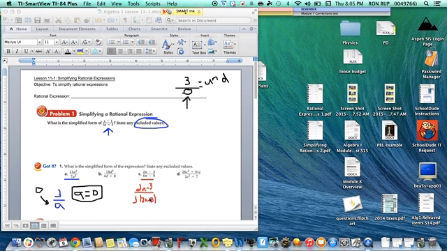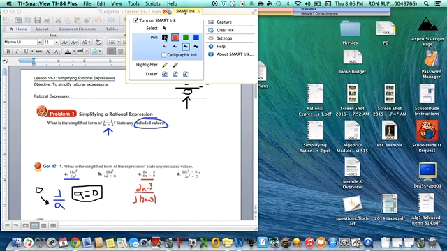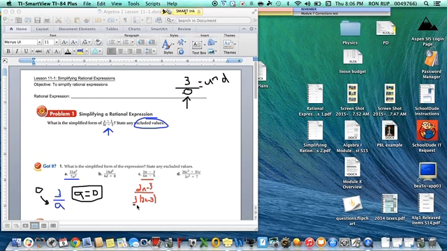Now, in this case, before you simplify, before you cancel out the 2n minus 3, you're going to set the two factors in your denominator equal to 0. 3 equals 0 doesn't even make sense, so we can discard that.